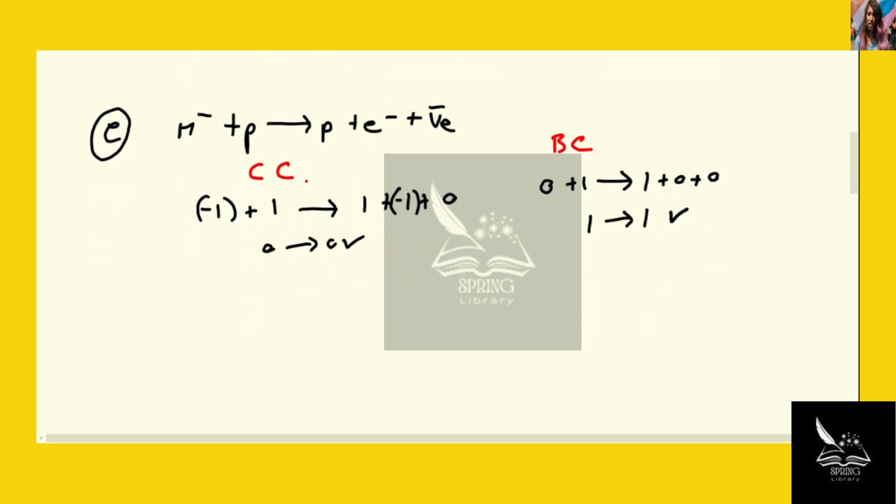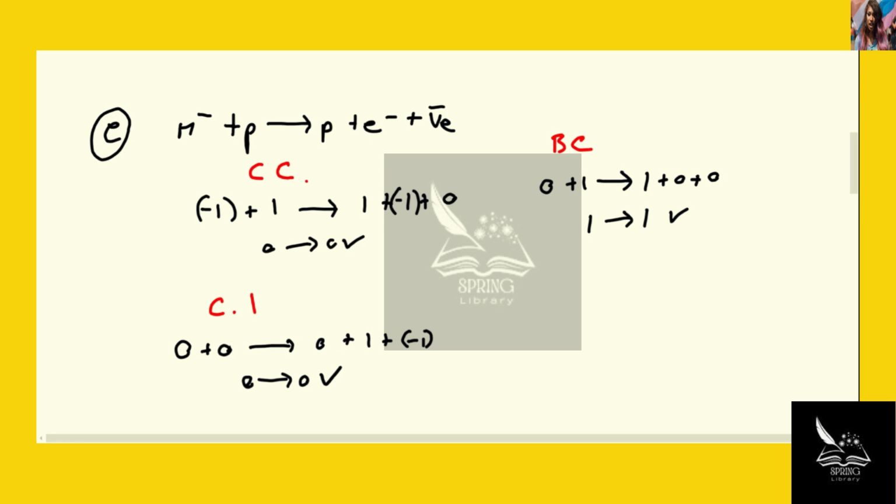The next one is going to be the conserved lepton number. Here we have 0 plus 0. We do the conserved lepton number because there's a lepton particle in here, if you're just curious. Going to 1 plus negative 1, so 0 to 0.